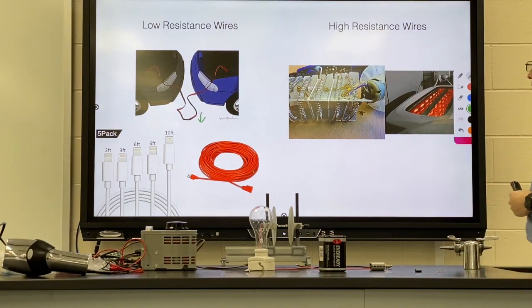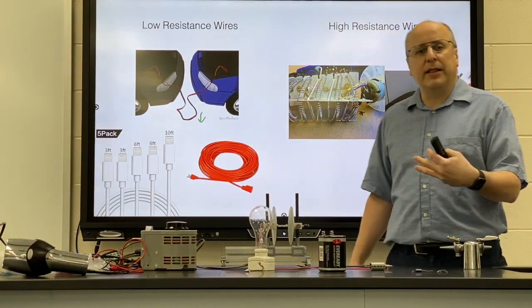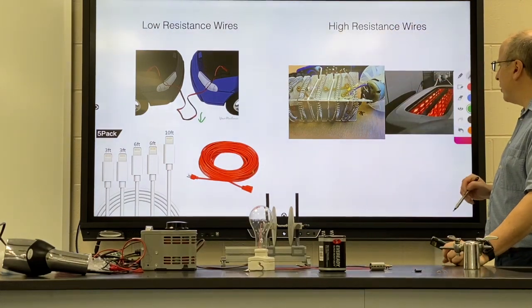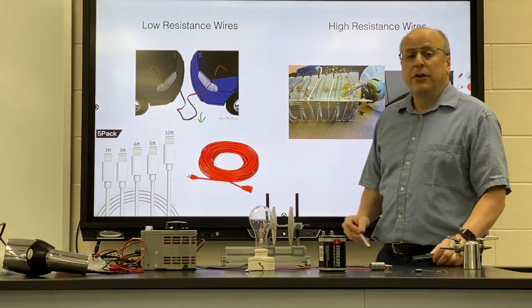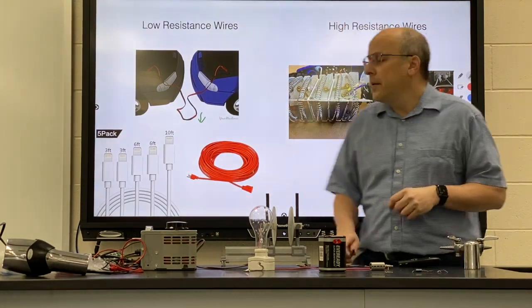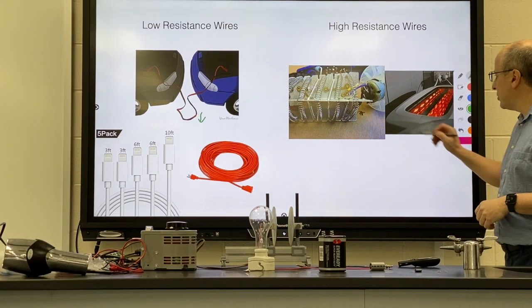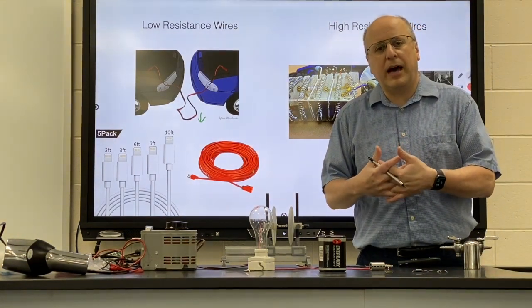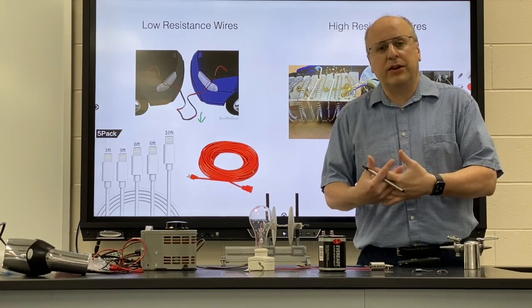Okay, so under what circumstances would you want to have moderately high resistance? They would be things like in your toaster, in your hair dryer. You want to get the electricity to those devices efficiently, but inside the toaster, inside the hair dryer, you want to have a moderately high resistance so that you can generate heat.